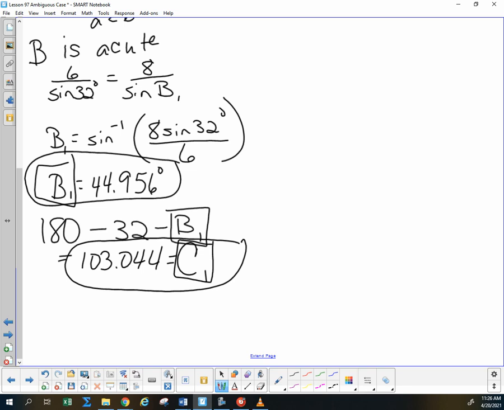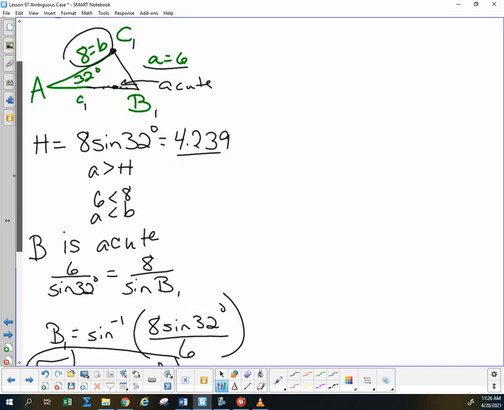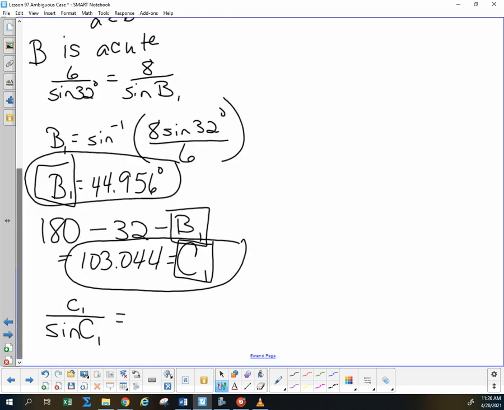Now, Cal, for that other side, now we're going to use law of sines to get our other side. We're going to be able to say that little c1 over the sine of C1, which is a stored value now, and then I'm going to go back to the 6 over the sine of 32. That was stored.